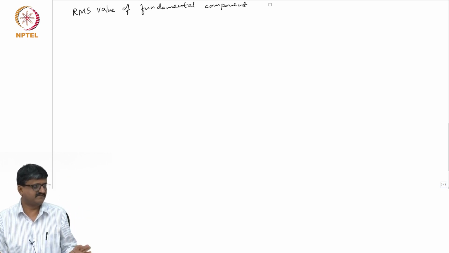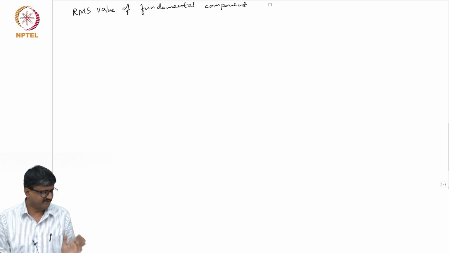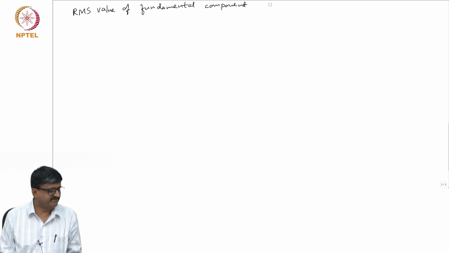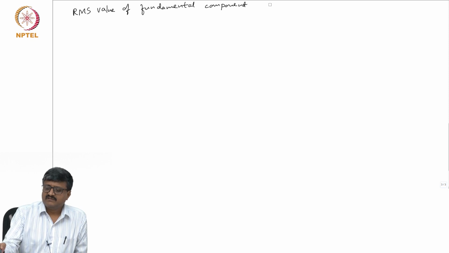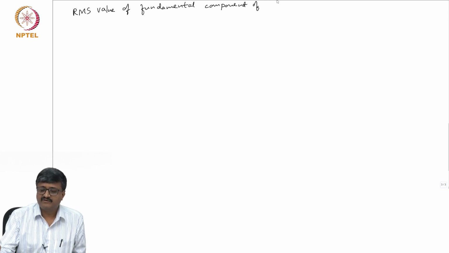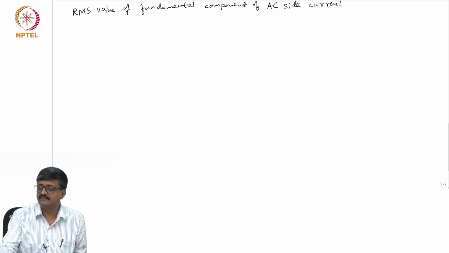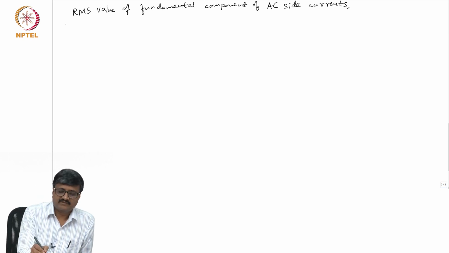Okay, this particular example, of course, I took some long time to get this. RMS value of fundamental component of AC side current. So, I use the notation I with a subscript 1.